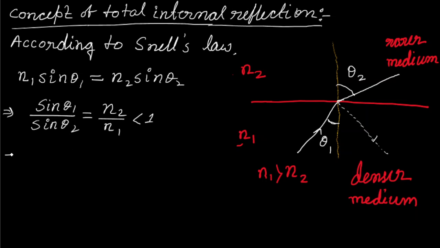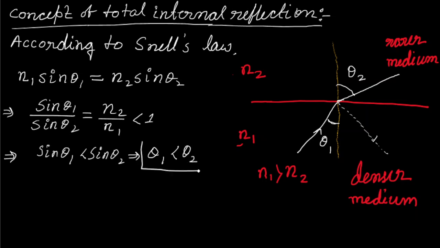So that means sine theta 1 will be less than sine theta 2, or we can say theta 1 will be less than theta 2. So what does this suggest?